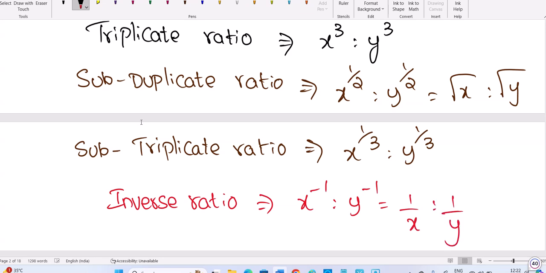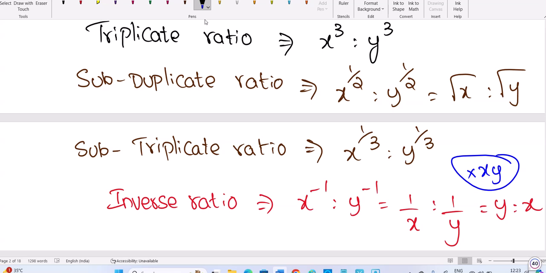As said, we don't want to keep it as a fraction; we always maintain it as an integer. I multiply every term with x into y. The first term, x into y divided by x, will be y. The next term, x into y divided by y, will be x. Everybody got the idea already: for x is to y, the inverse ratio is y is to x.